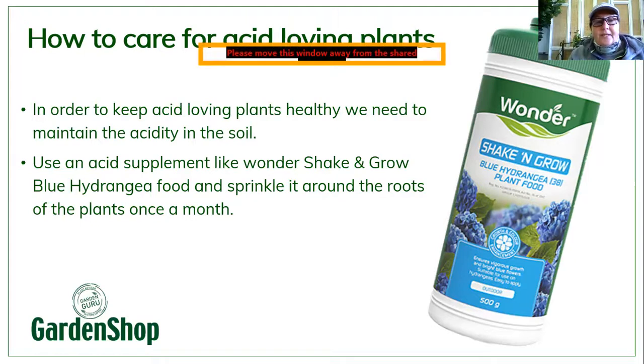Now, the easiest thing to do is to use an acid supplement like Wonder Shake and Grow, which is really easy to use. You just sprinkle it around the roots of the plants, and you would do that once a month.